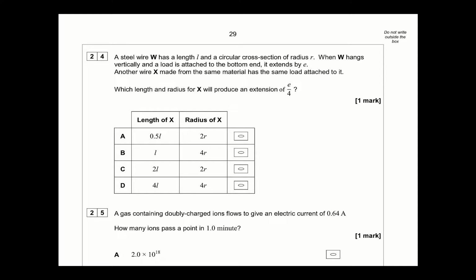24. Steel wire W has a length L. Okay, so extension is proportional to length, and it's inversely proportional to the area, so 1 over r squared.